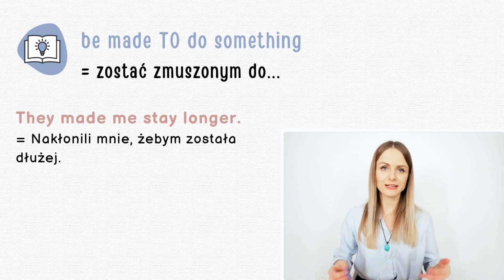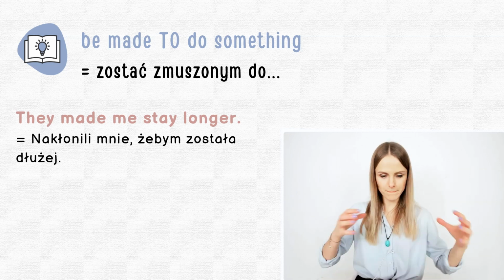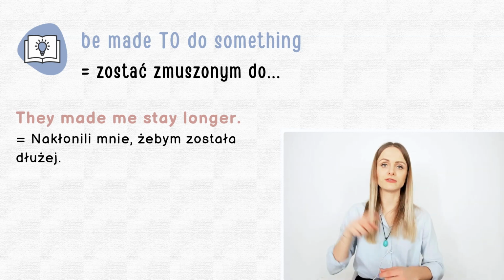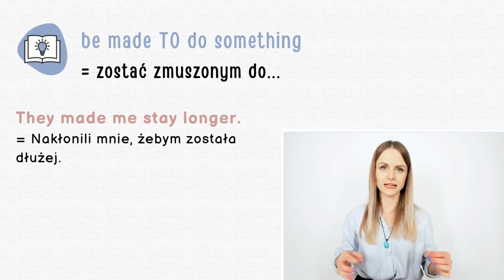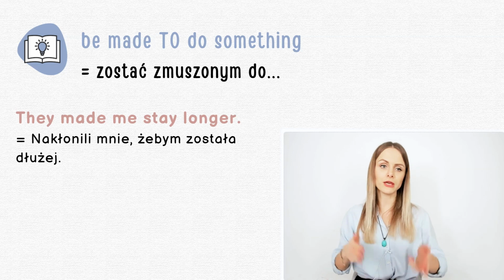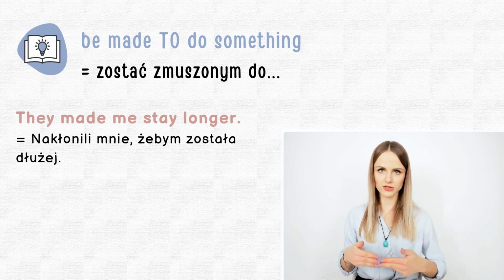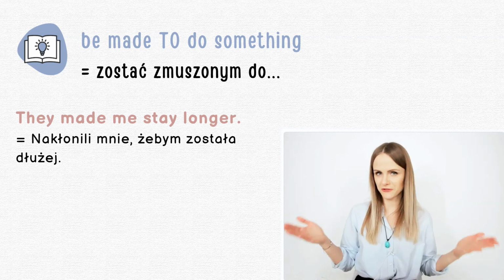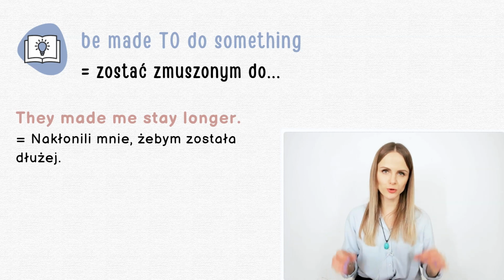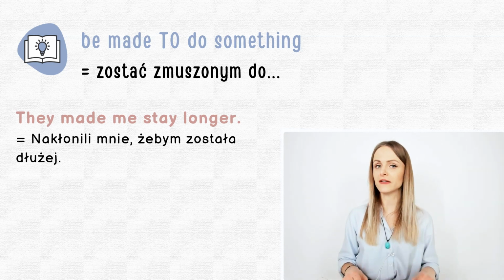So this rule that I told you about before, make somebody do something without to, is valid only if you have this normal sentence. They made me do it. But well, if you have this passive voice structure, być zmuszonym do, then you actually need to, unfortunately, add this to in front of the verb.